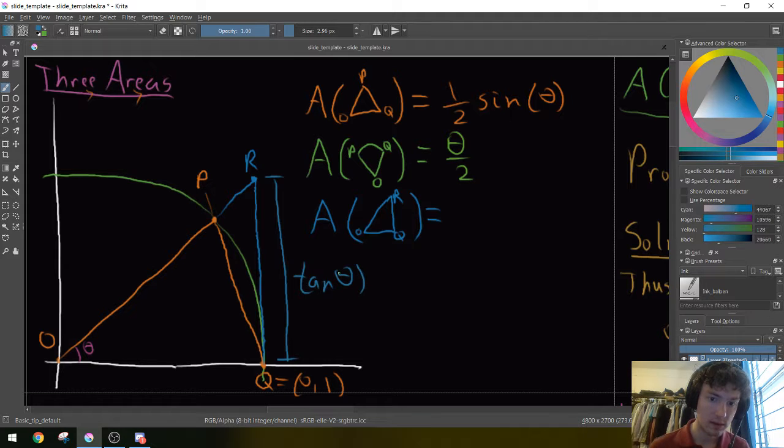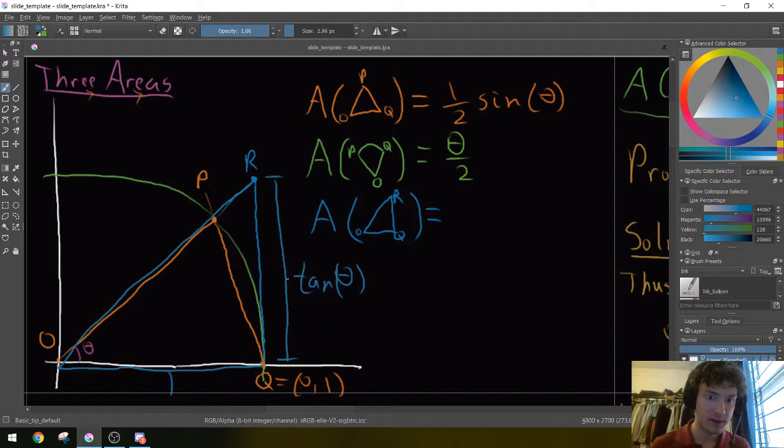Is that step okay, or is that too fast? Say it again. So if we just look at the side lengths of this blue triangle, this bottom length is 1, and this height, for now you can call it x. We're trying to solve for x.